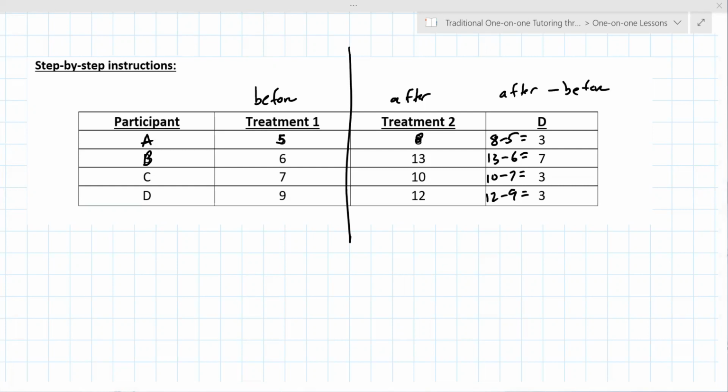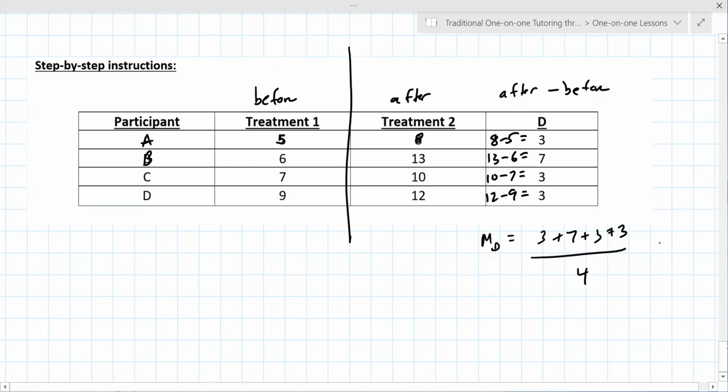Because of the formula for the test statistic, although it doesn't seem like they want you to find that. The first thing you find is MD, and that's the average of these. So it's the 3 plus the 7 plus the 3 plus the 3 all over 4, which actually is 4.